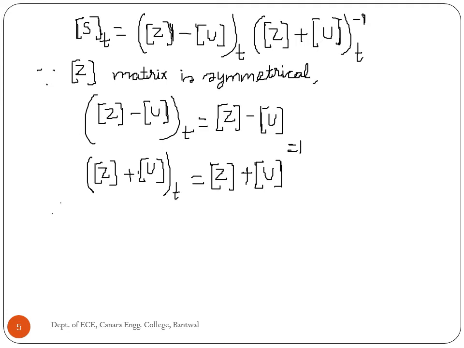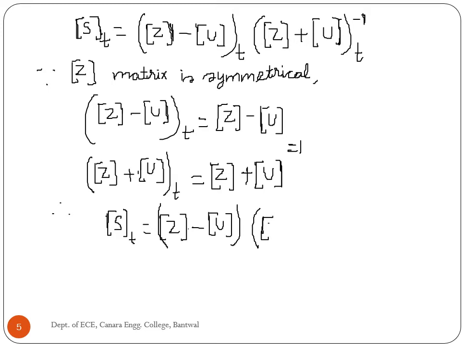Therefore, S transpose is (Z minus unity matrix) and (Z plus unity matrix) inverse.